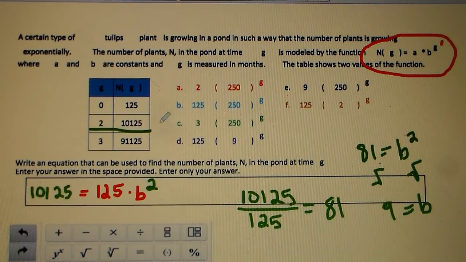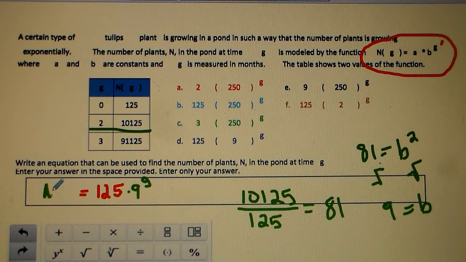So if we change that b and make that into a 9, and our power, so it doesn't matter really what power it is, let's call that a g for now, will get us what we desire, our n of g. So our n of g is equal to 125 times 9 to the power of g.